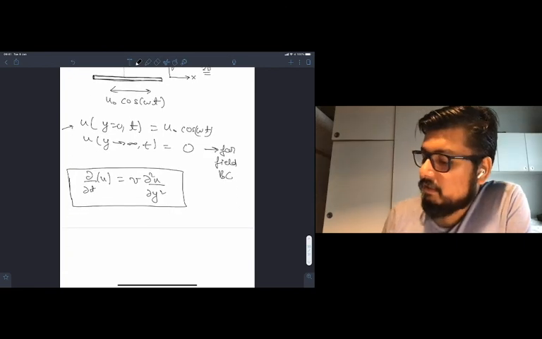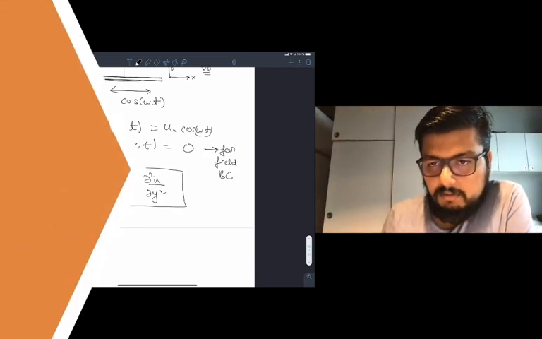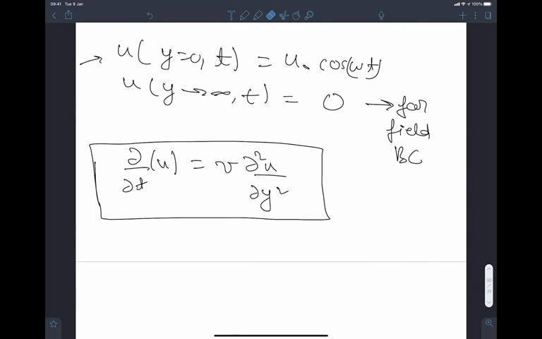But what changes is the way we are going to solve this. So even though we have the same equation of motion as we had for the Stokes' first problem, nonetheless, we cannot use the same similarity solution as before. And the reason is this cos omega t term over here, where omega is, as I said before, the oscillation frequency.